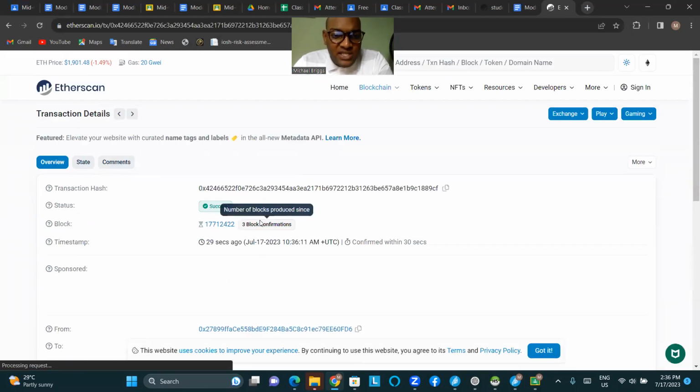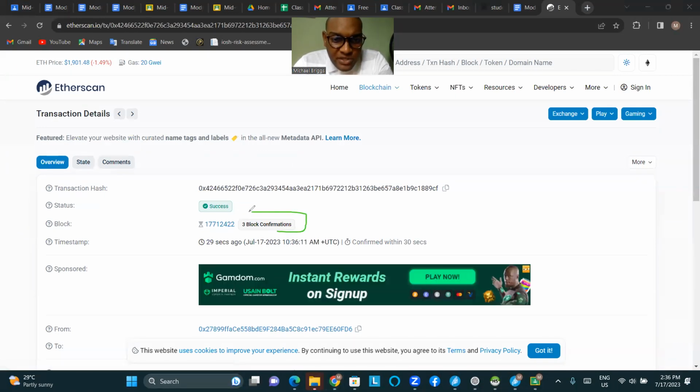Now, did you notice something here? It tells us 3 block confirmations. All right, 3 block confirmations. As you'll notice, more confirmations will be added to this transaction. But let's take note of the block number.